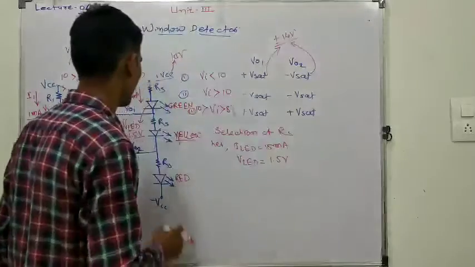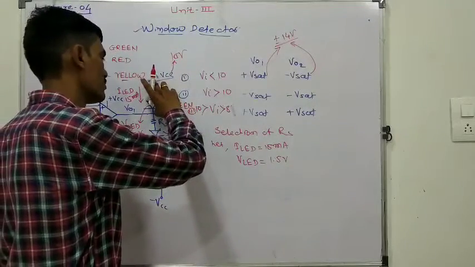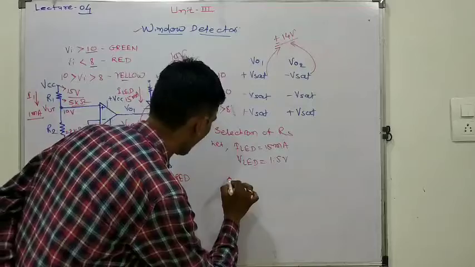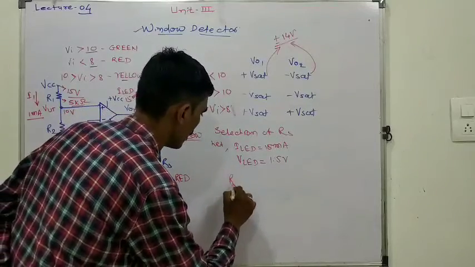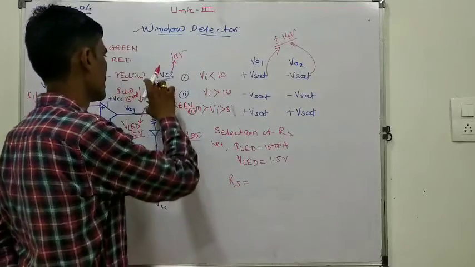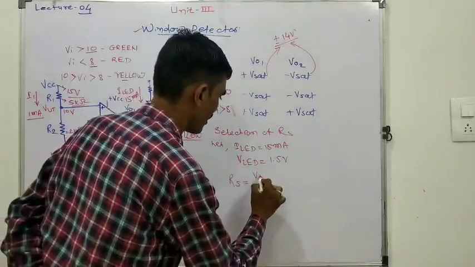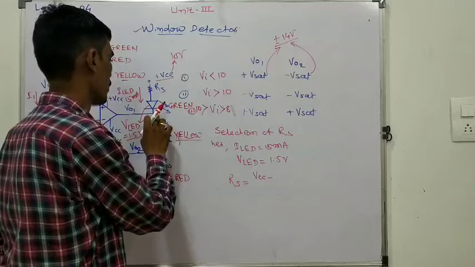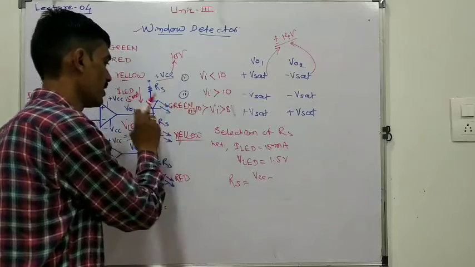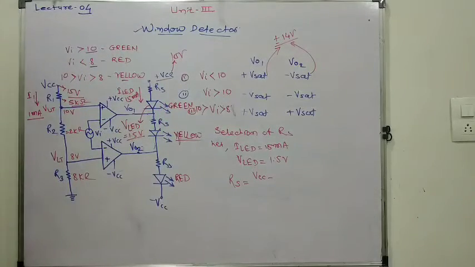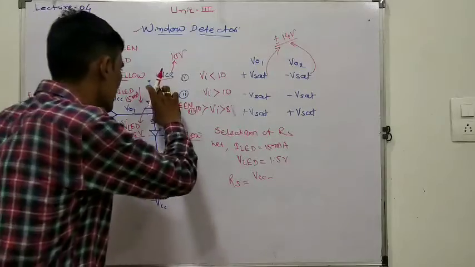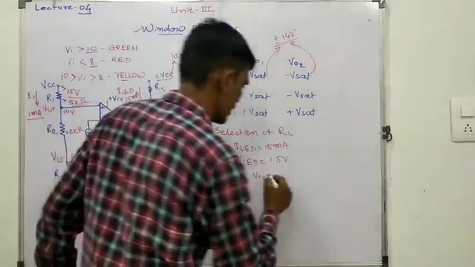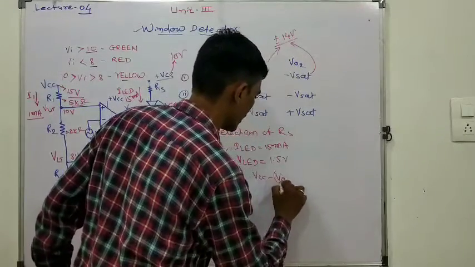Again, same voltage divider, simple Ohm's law. For calculating RS, how are we getting the value of RS? RS is equal to VCC minus the voltage available at this point. What is the voltage at this point? It is nothing but VO1, which is what glows this green LED. Is it right?